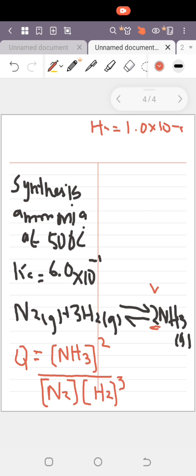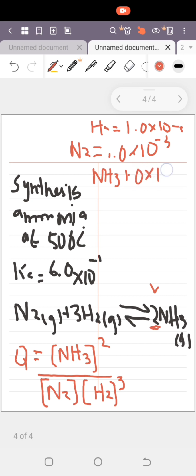Another is N2, which is equal to 1.0 into 10 raised to power minus 3, and lastly NH3 is equal to 1.0 into 10 raised to power minus 3. Now write these all in the equation.